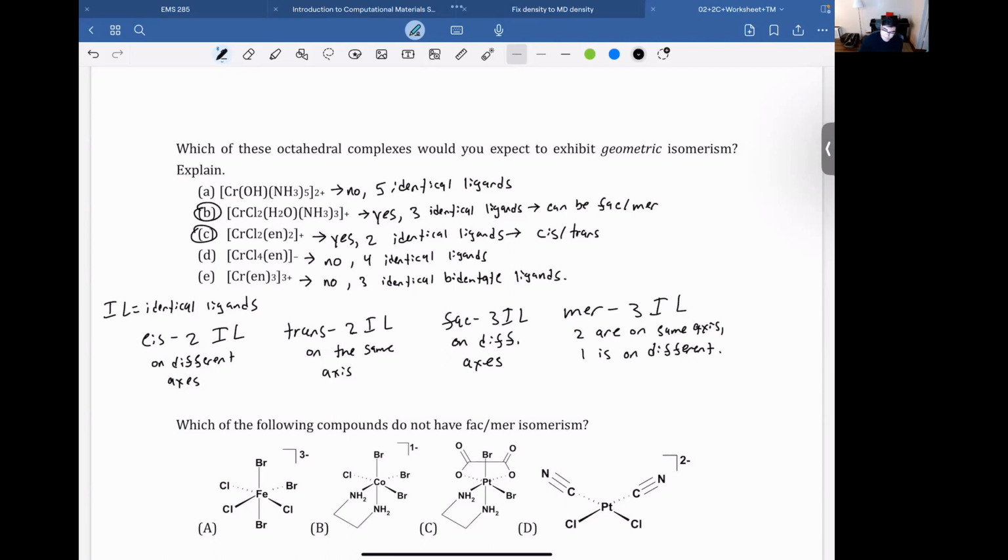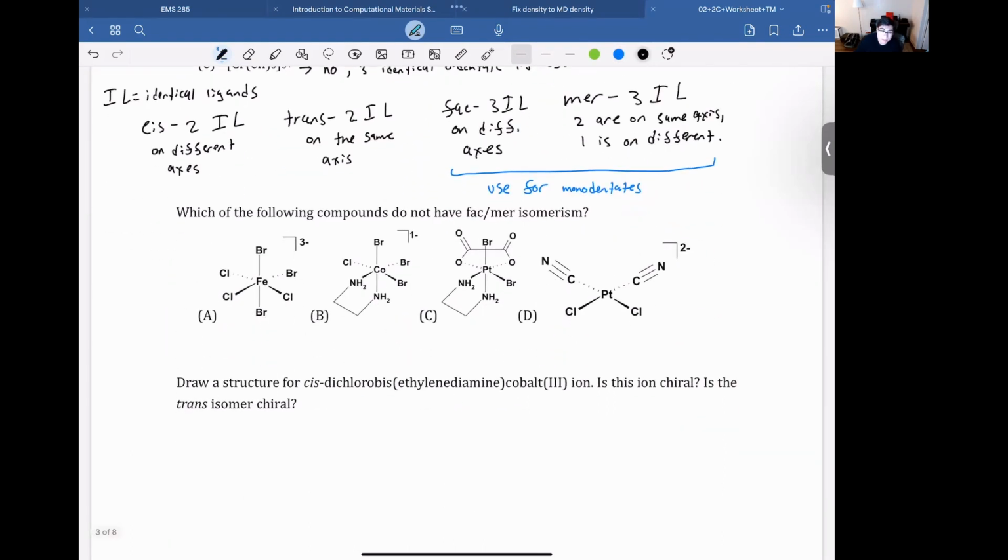All right. I should note here, these are monodentates.